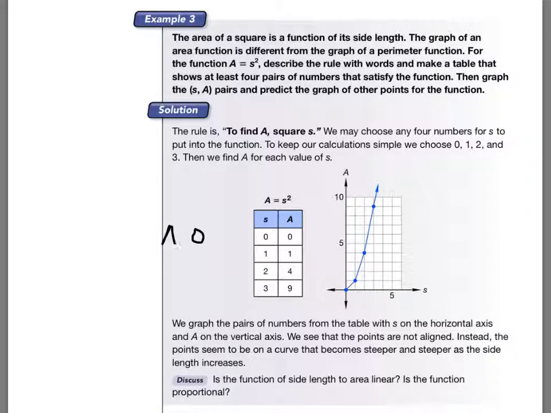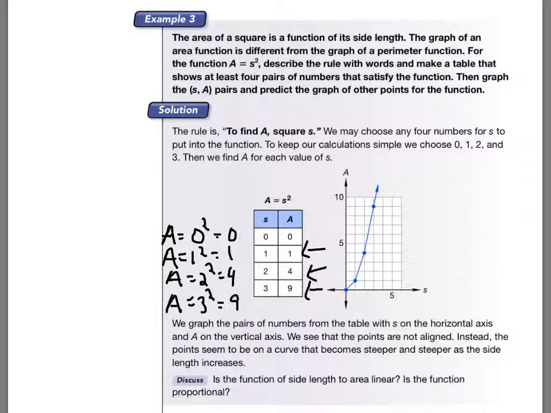So area is equal to 0 squared. Well, that just gives me 0. Area equals 1 squared. Well, 1 times 1 is 1. So that's this one. Area equals 2 squared. 2 times 2 is 4. So that's that one. And area equals 3 squared, which is 9, right there. So now we have ordered pairs, and this table here shows our ordered pairs.